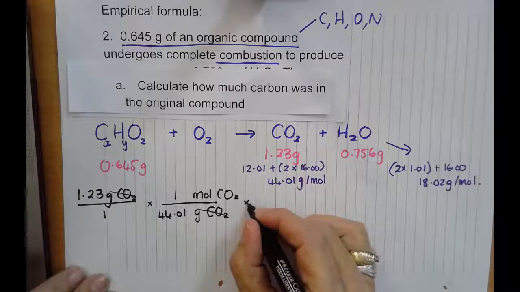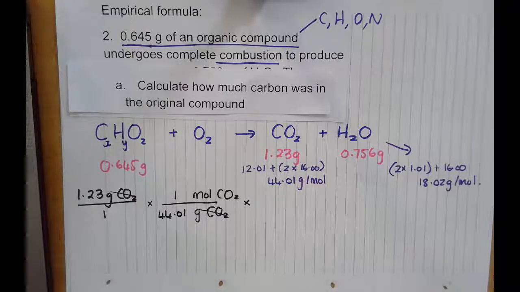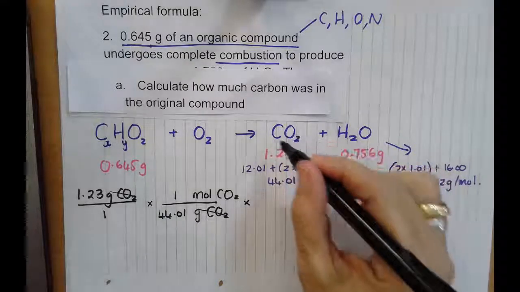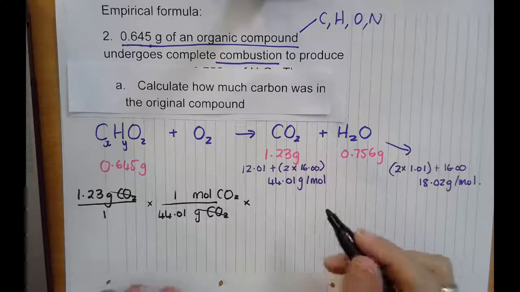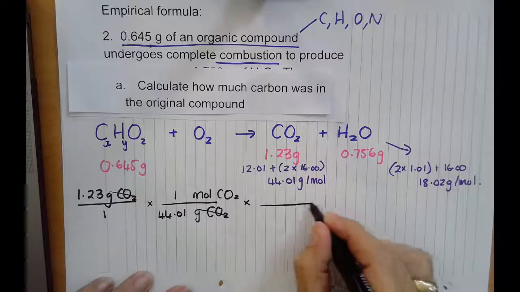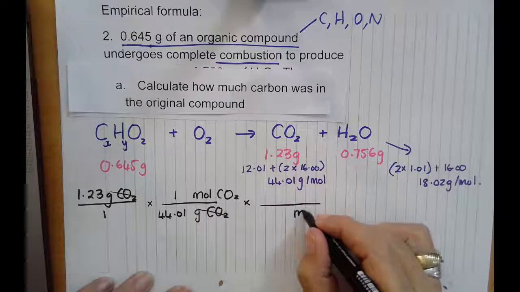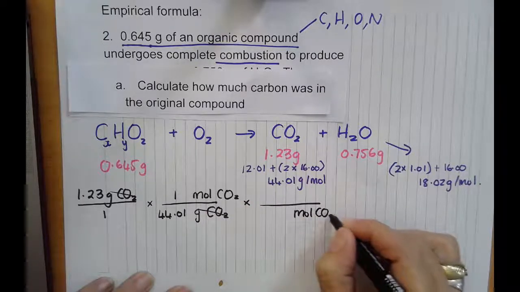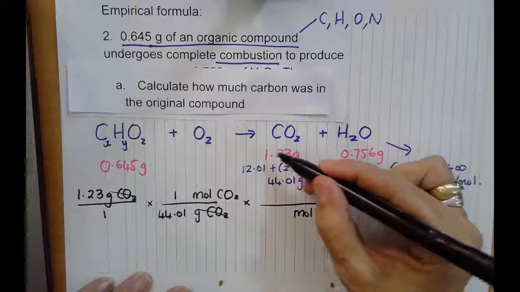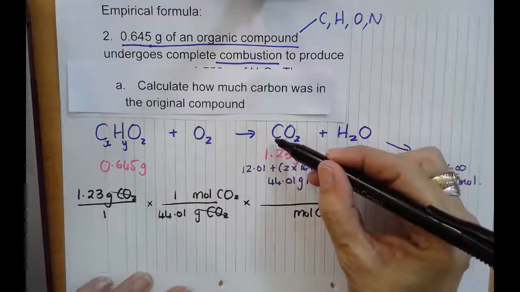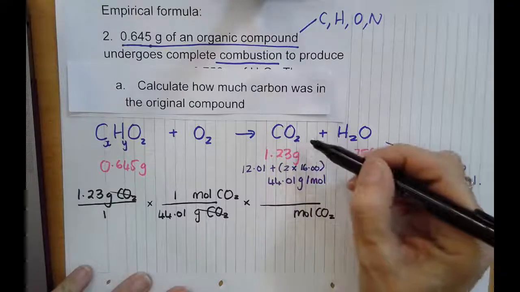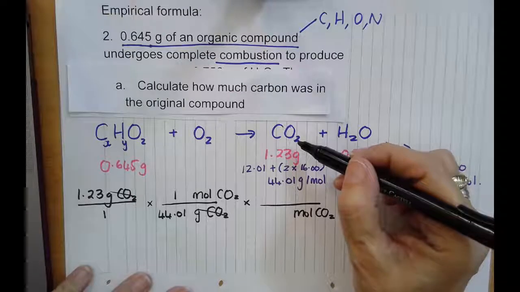The next step is to find out how many moles of carbon there actually are in the carbon dioxide. Because I have mole of CO2 here, it means at the bottom I have to have mole of CO2. If I look at CO2, I can see that it's made up of 1 mole carbon and 2 moles of oxygen.